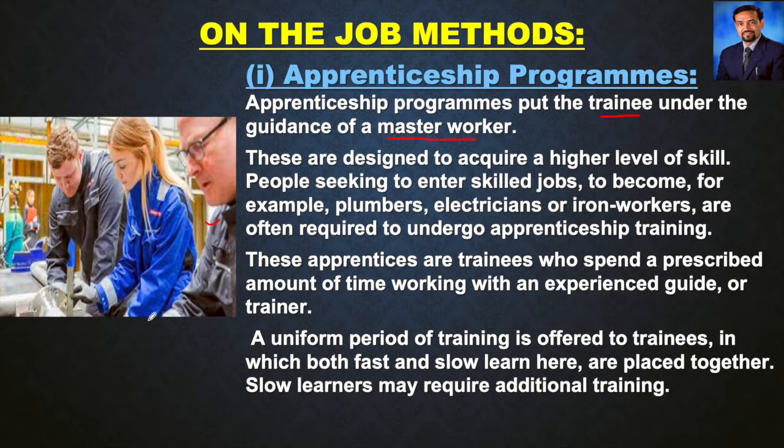They would not be paid a full salary, but a stipend during the apprenticeship period. The trainee is usually absorbed into a regular post on completion of the apprenticeship, and this method is common in skilled trades such as electricians, plumbers, carpenters, etc.